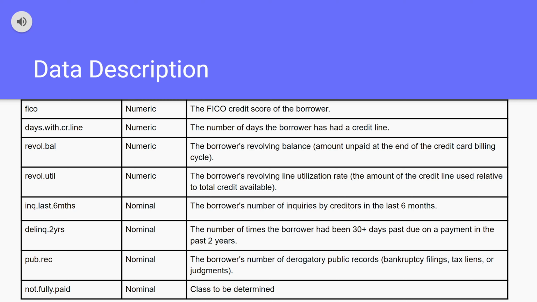We have public record as a nominal, which is the borrower's number of derogatory public records, for example, bankruptcy filings, tax liens, or judgments. And then lastly, the attribute we'll be focusing on for this study primarily is not fully paid, which is a nominal attribute, and this is the class that is to be determined, and it basically refers to whether the amount borrowed was paid back in full or not.